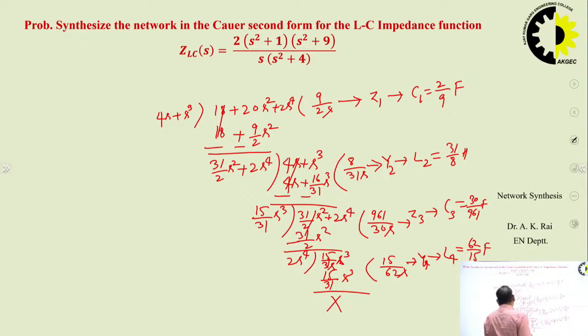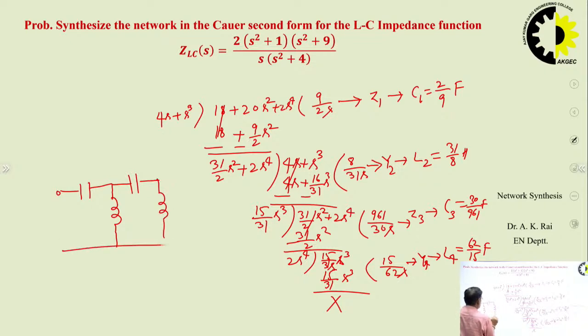Okay. Now we have the general structure of core first. Start with the capacitor, then we have the inductor, capacitor, C1, L2, C3, then we have the L4. I can put the value here.